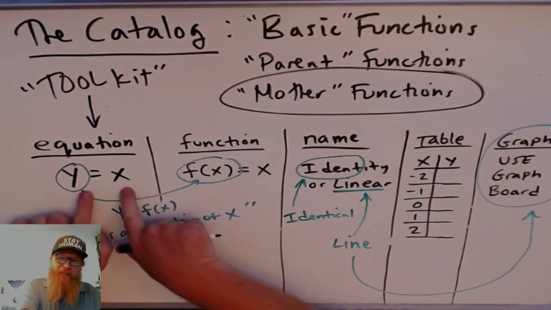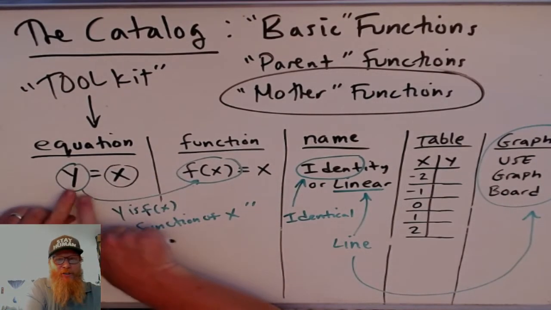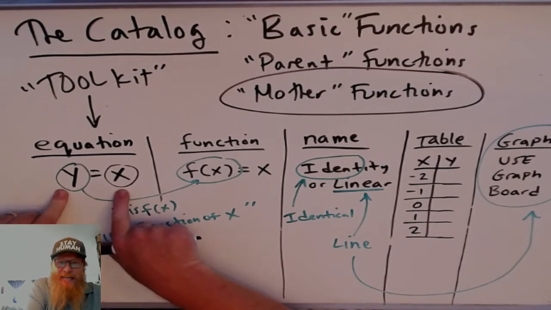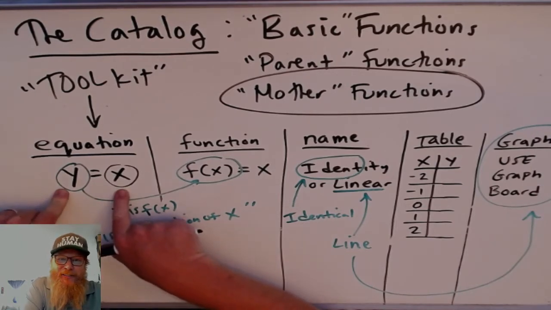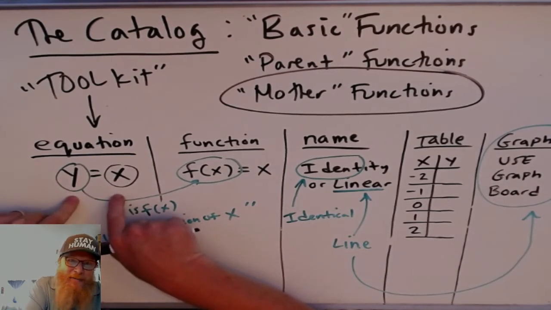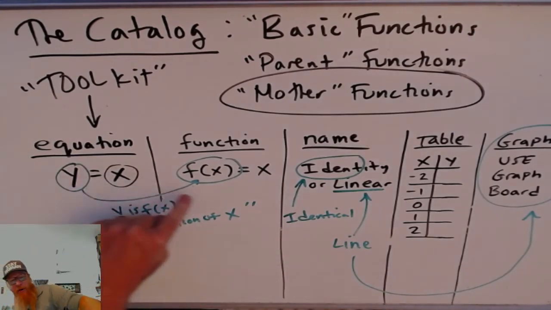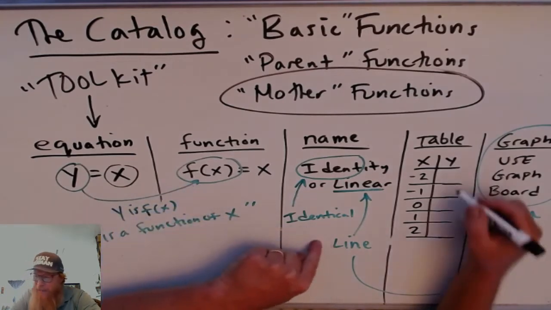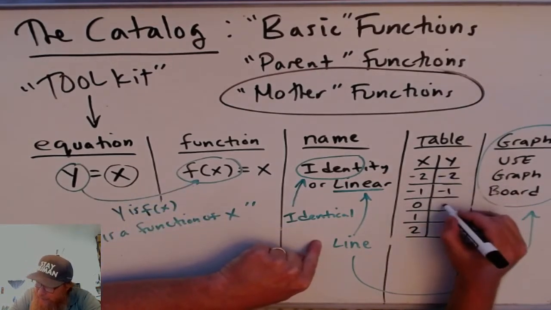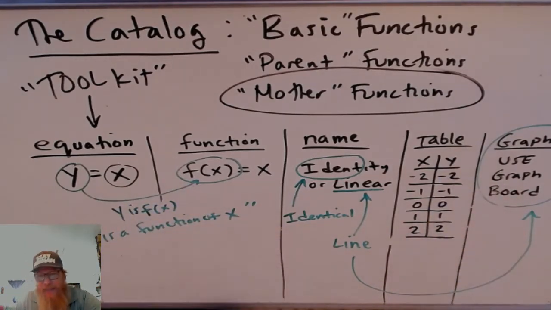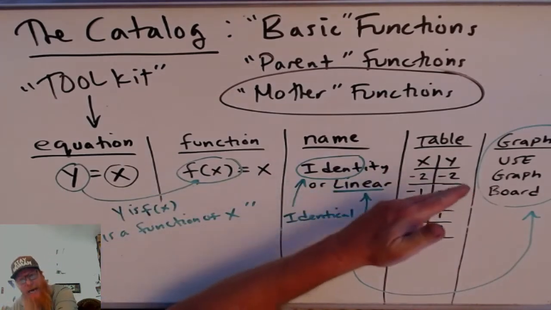Now for this one, it's very easy because look at the equation. Y is identical to x. Right? That's what equals means, identical. So y is a function of x. So that means y is exactly the same as x in this case. If you plug in -2, you get out -2.